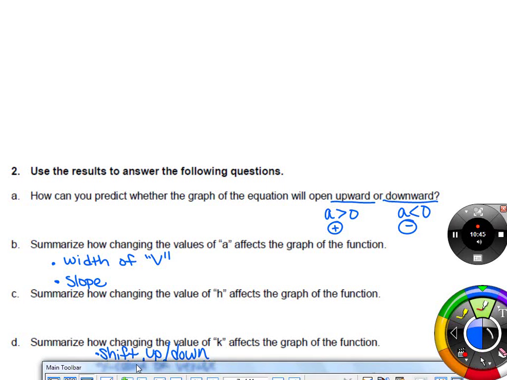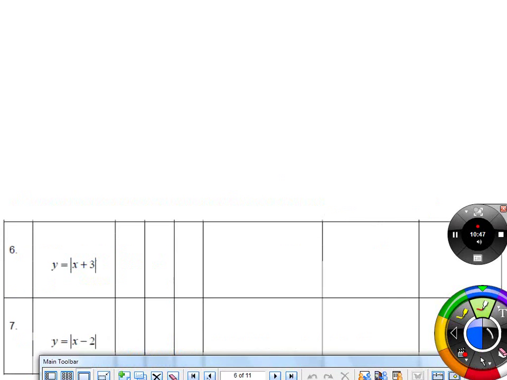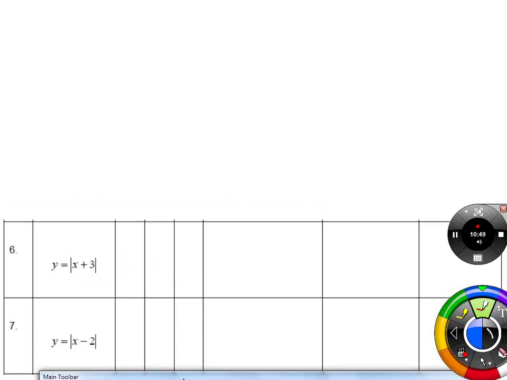So H is a little bit trickier. So in numbers 6 and 7, A and K didn't change from the parent graph, but your H value changed. What is your H value in number 6? Okay, -3. I know it's weird, but remember what the formula looked like.